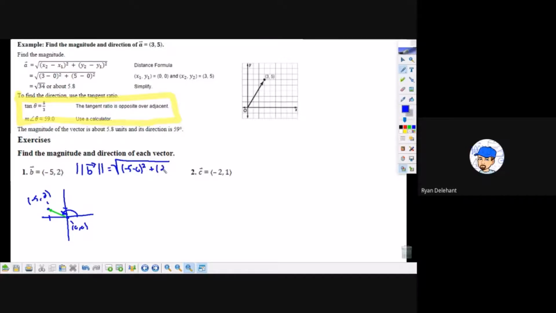And then we're going to go 2 minus 0 squared. So we get the square root of 5 squared plus 2 squared. So 5 squared is 25, and I'm sorry, I went 4. That's not 4, you guys got to stop me. That's 2 squared. I did the answer instead of actually doing the math. 25 and 4 is the square root of 29. There's no perfect square, so this is the magnitude of that thing.